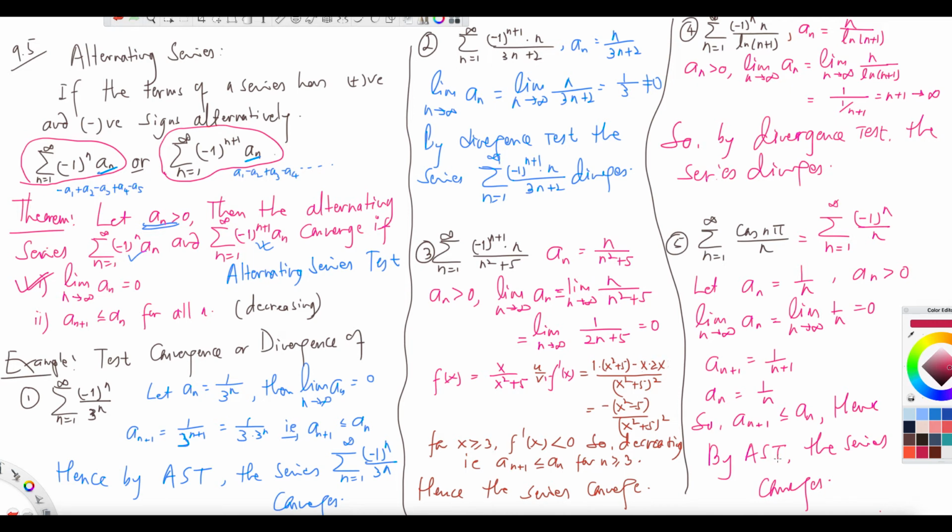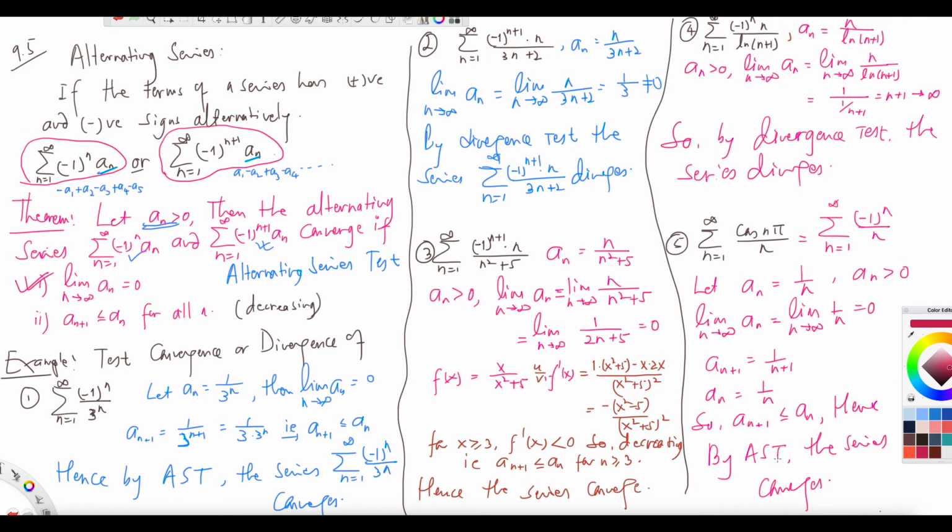Okay, so the main thing in this chapter, basically chapter 9, is there are so many rules, so many theorems, so many tests, and you should try to apply the best test. Again, the same problem can be done by using more than one test, but you don't want to use all the tests.